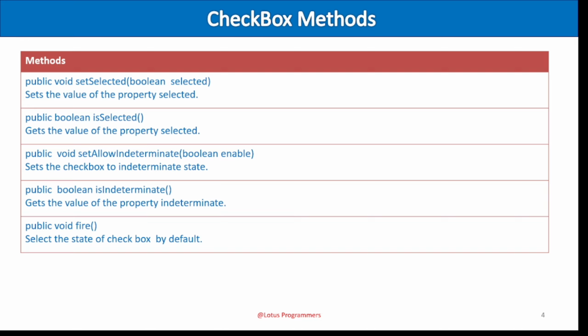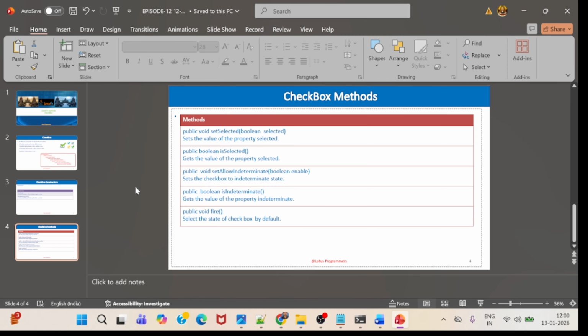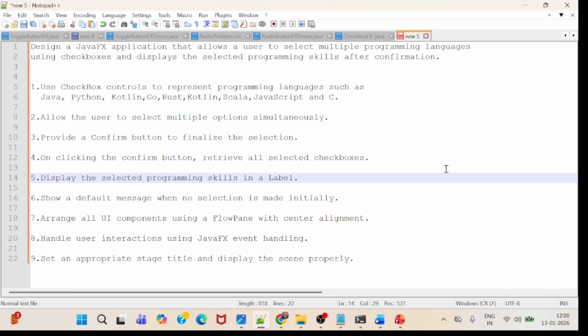Next, we would like to go with the hands-on demonstration of the CheckBox class. Let us open the Notepad++ editor. So, we would like to take this scenario for demonstrating checkbox.